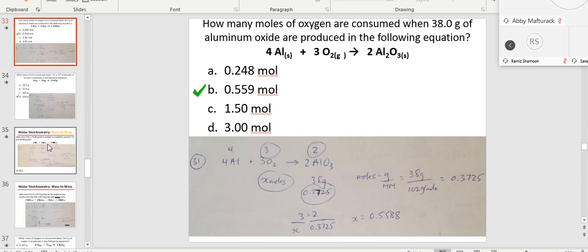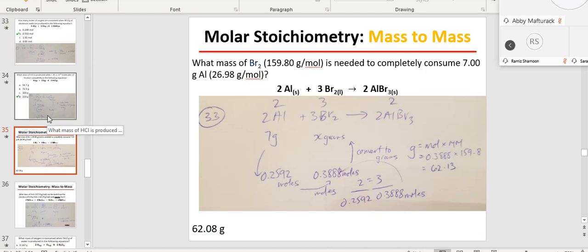I want to skip to mass. Now, aside from the limiting reagent, which we'll do in a couple minutes, these ones here are the pain in the butt.